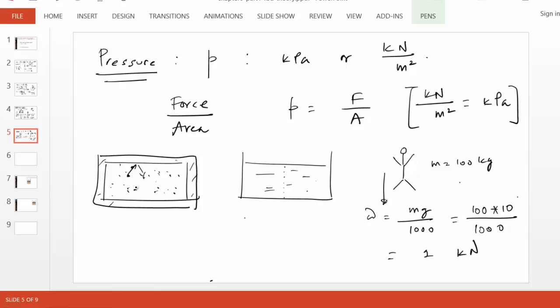So this is what is known as thermodynamic pressure, that in this case the pressure doesn't change whether it's on Earth or in space or anywhere. Whereas here the variation is just because of gravity. As you go down in a swimming pool, you'll find the pressure is increasing. So this hydrostatic pressure variation in thermodynamics most of the time we'll neglect.